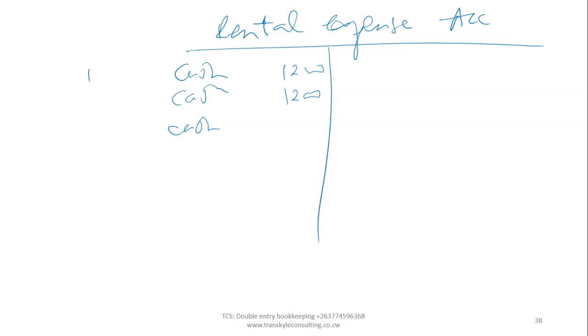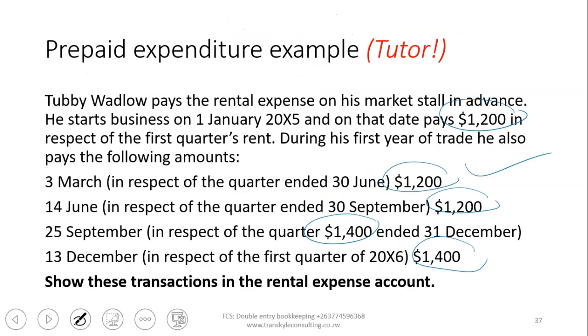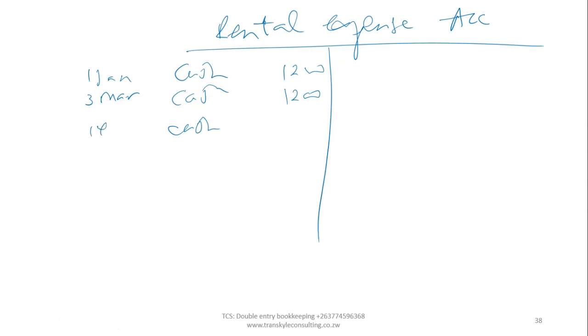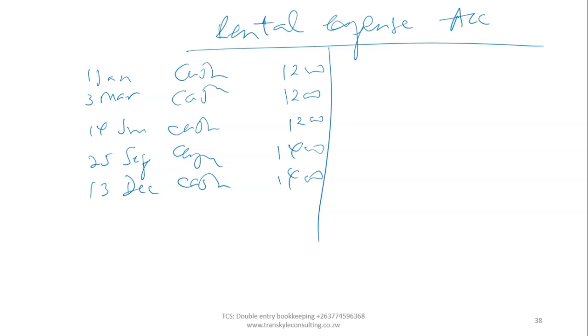You may write the date like 1 January so that you won't confuse this cash. We've got the 14th June, 25 September cash, and here it was 1,400, here 1,200, and then on 13 December we paid cash, which was 1,400. Then you have to add up. Do not worry in the moment. Just follow.